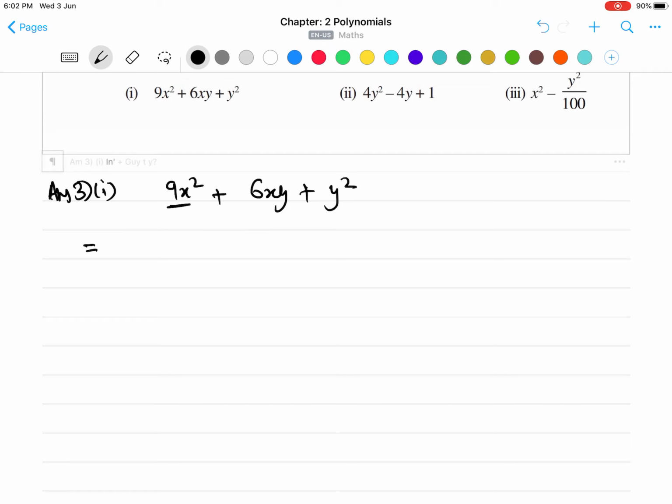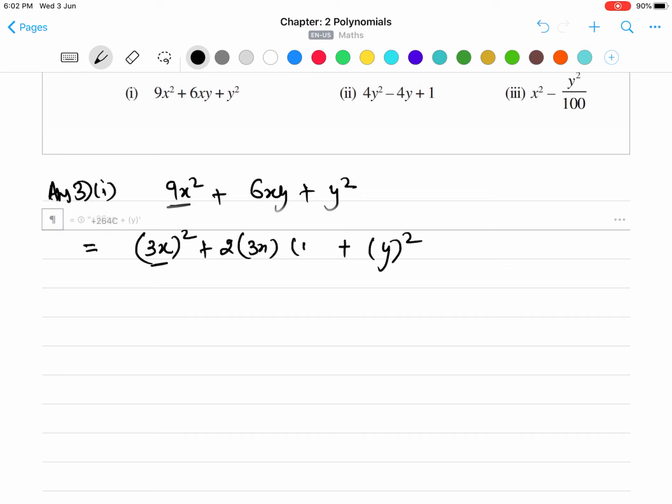We can write this 9x square as 3x whole square. 3x whole square is again 9x square, and this y square can be written as y whole square. So our x here is 3x and y is y, and we can write this as 2xy, that is 2 into 3x into y. Now you can identify this in the form of x square plus 2xy plus y square.